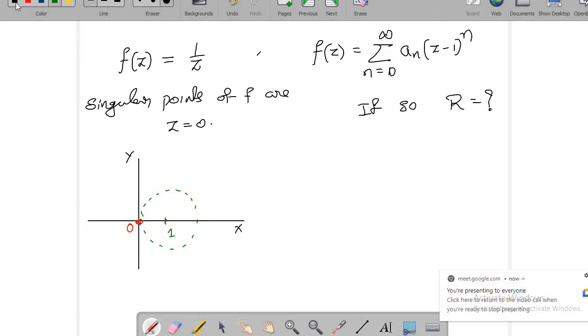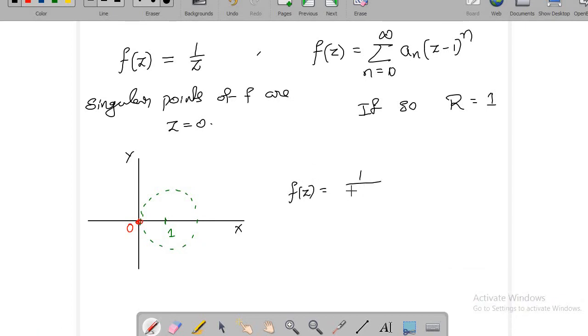Okay, so the answer to this question is yes, it is possible. Now r equal to 1, the radius of convergence is going to be 1. Now let us see how to obtain that expansion. So you start with the function f of z, which is equal to 1 by z, but I want to have z minus 1. So let me write z minus 1 plus 1.